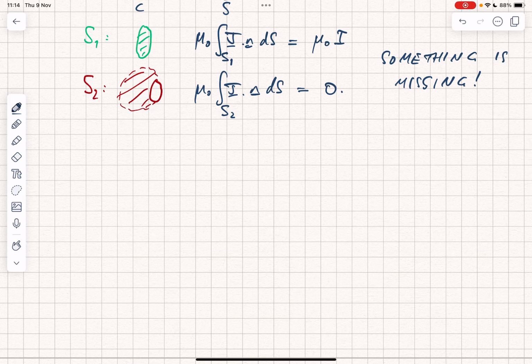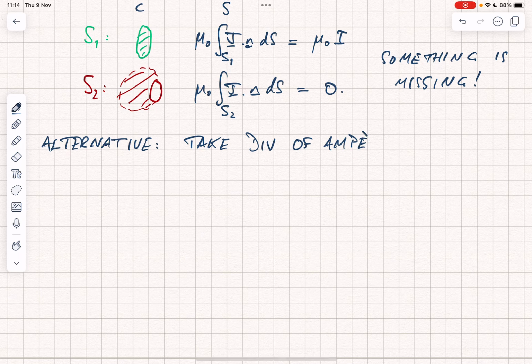Another way that you can think about this, an alternative way of understanding that Ampere's law is incomplete, is to take the divergence of Ampere's law. I'm just going to write that as div. So what happens then?